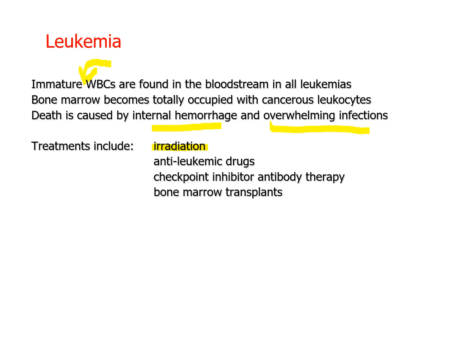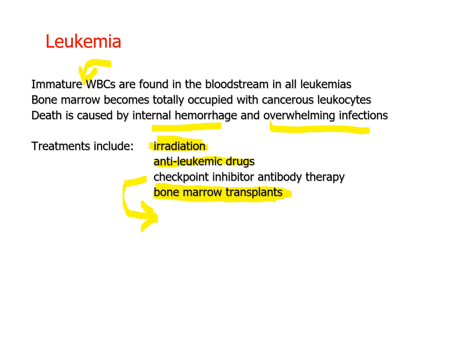So, anti-leukemic drugs, which most people call chemotherapeutic drugs. Bone marrow transplants are used, preceded by irradiation, and then bone marrow transplant from as closely related a donor or matched donor as possible.